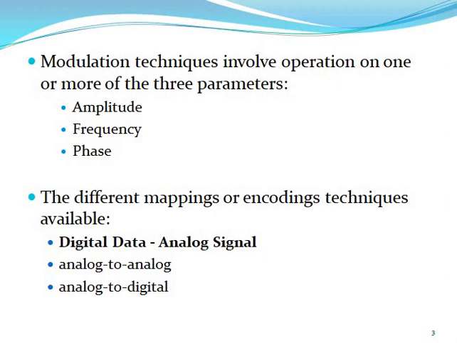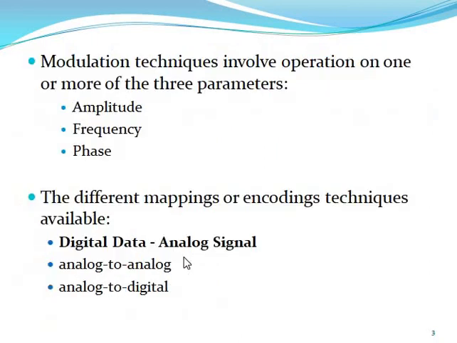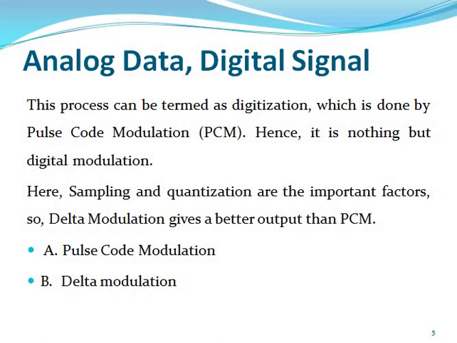And the second is digital data and analog signal, one part is completed. Analog to analog signals is completed. We also discussed analog data and analog signal in amplitude modulation and angle modulation. We discussed frequency and phase. And today's topic is analog data and digital signals.